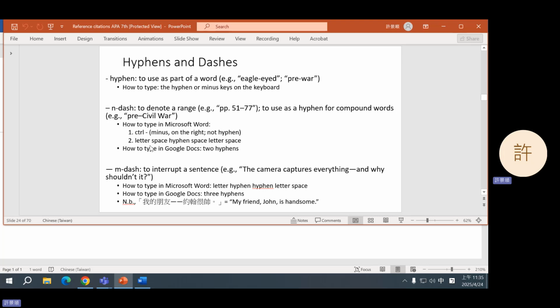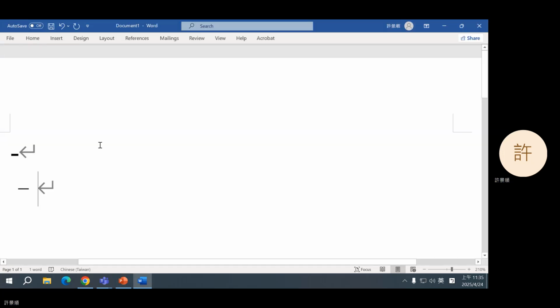The second way: for some reason, in some versions of Microsoft Word the first way doesn't work. I don't know why. So you should know that there's a second way. Any random letter, space, hyphen, space, any random letter, space. Let me demonstrate.